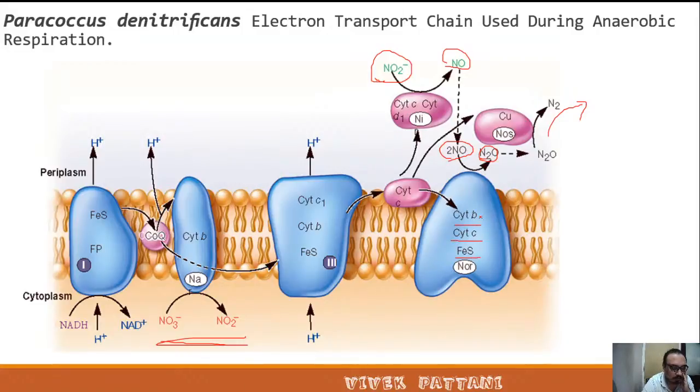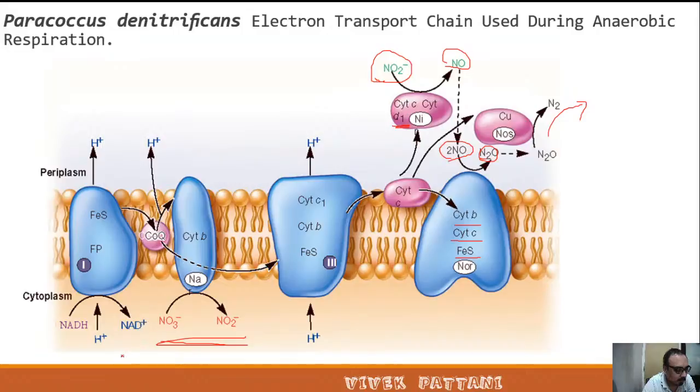Instead, cytochrome D will play a major role in the conversion of nitrite to NO. Now this is just an example. In the case of Paracoccus denitrification, I am explaining the whole process again.